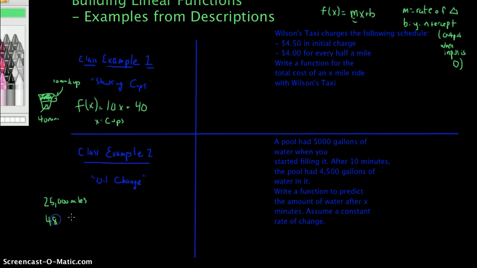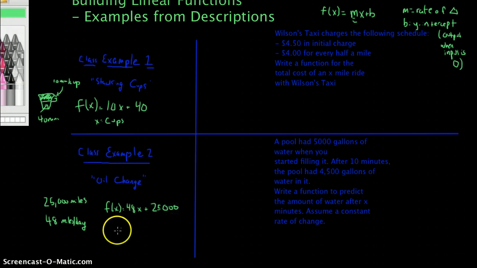Remember that we decided that my rate of change, driving to school and back, is 48 miles per day. So the output is equal to 48 times the number of days plus the 25,000 that I already have.